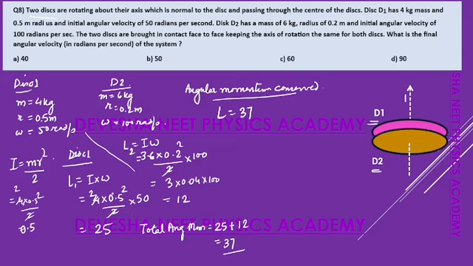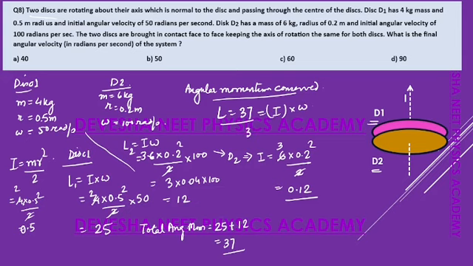For the second disk, I is equal to 6 into 0.2 square by 2, so 3 into 0.04, which is 0.12. Now the total angular momentum is equal to I of the total system into omega.